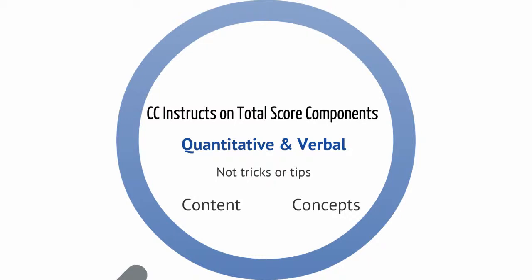Now, that's not to say if someone were to request private tutoring time to work specifically on the integrated reasoning or analytical writing that we would refuse that request. Not at all. Rather, it just means that when we're in group and we're in class, the content and concepts that we will be focusing on are the total score components, because they're weighted most heavily by the admissions committees on average, and they're also going to lead to better performance in the other sections.